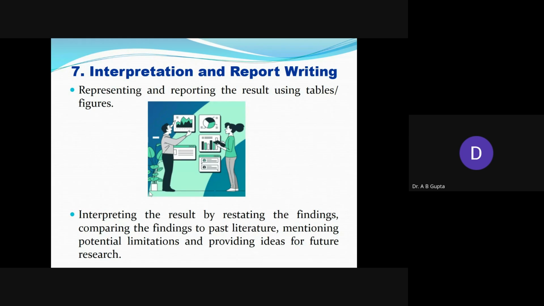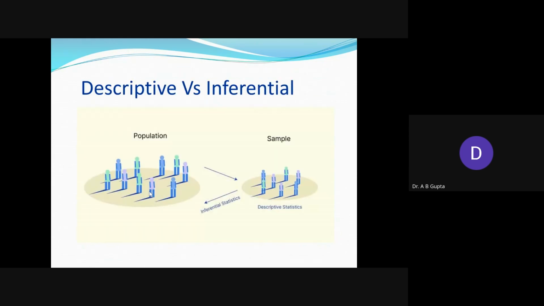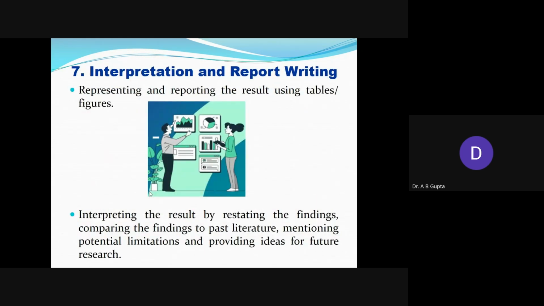Okay. And my friends, now coming to the last step, that is data interpretation and report writing.